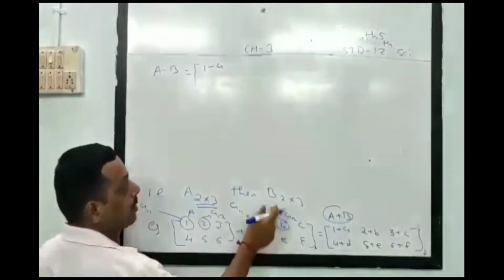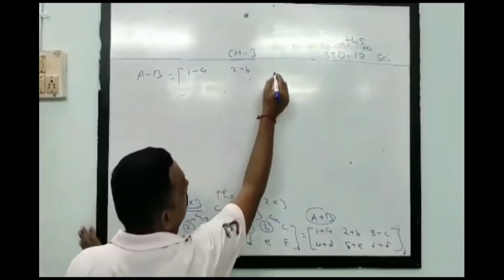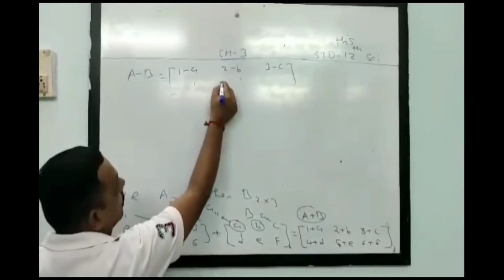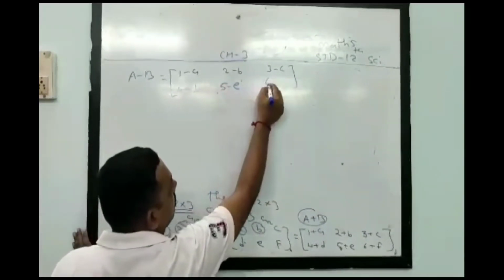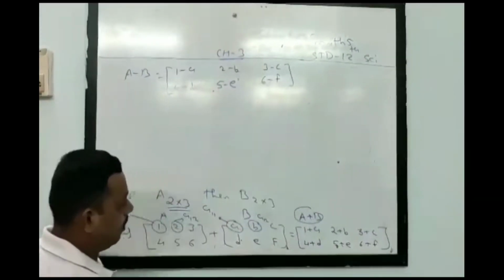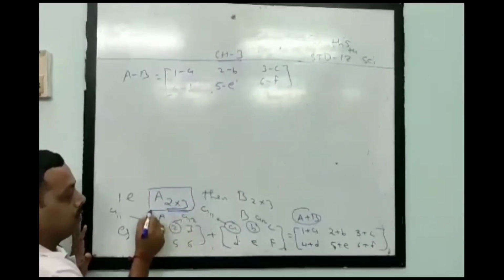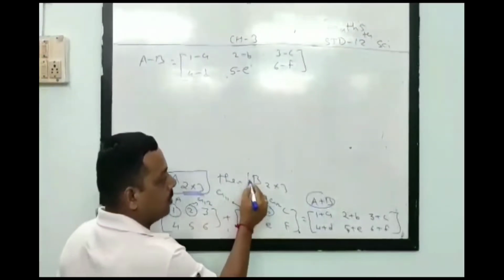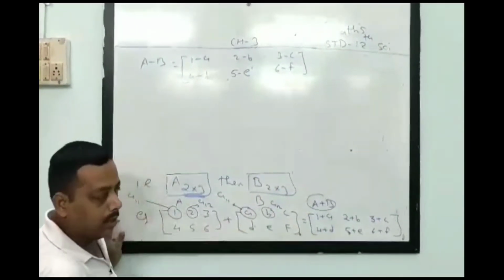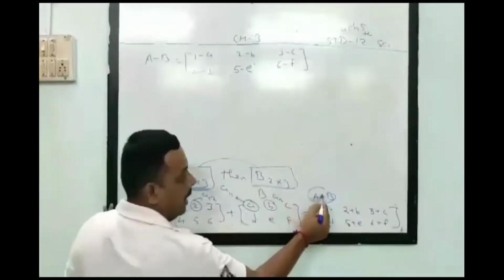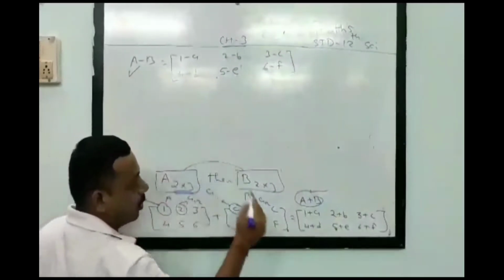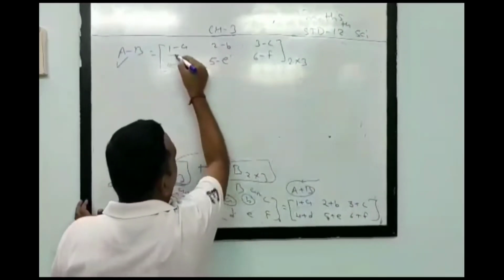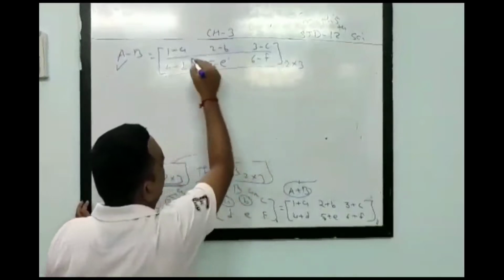Similarly, the second entry is 2 minus b, 3 minus c, 4 minus d, 5 minus e, 6 minus f. Now observe that the original matrix has order 2 by 3 and B also has order 2 by 3. So the result of addition as well as subtraction also has the same order, 2 by 3, 2 rows and 3 columns.